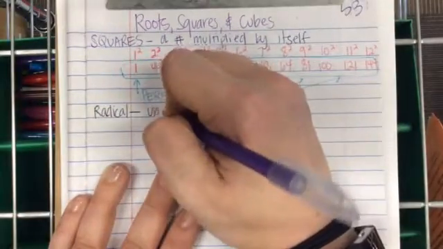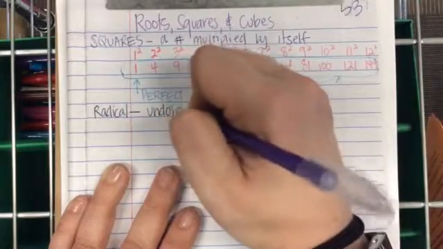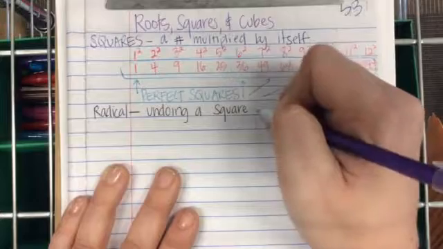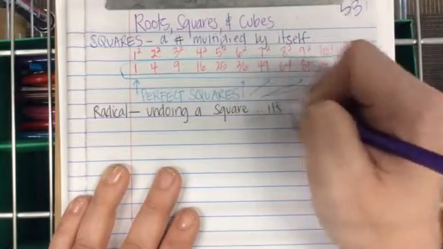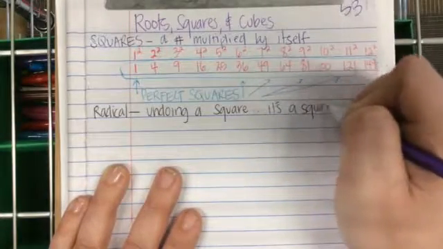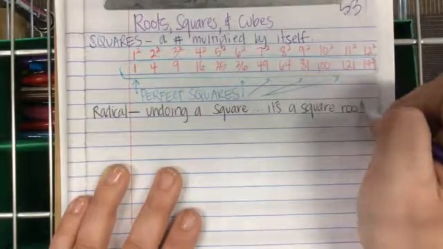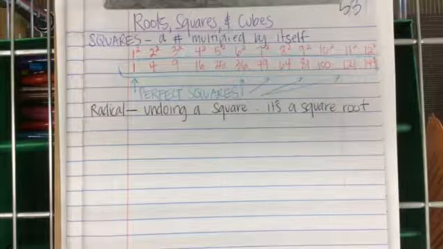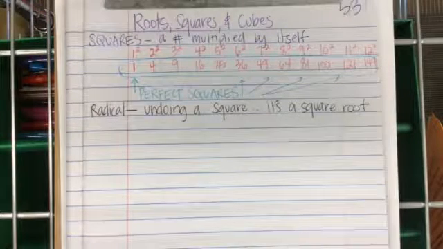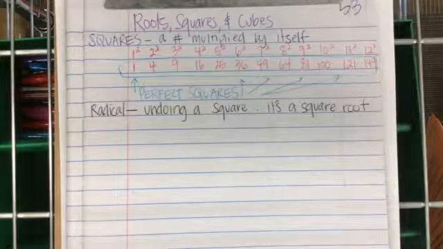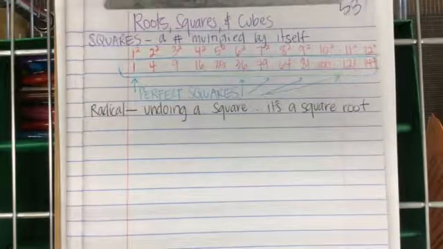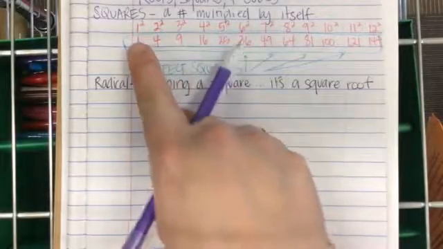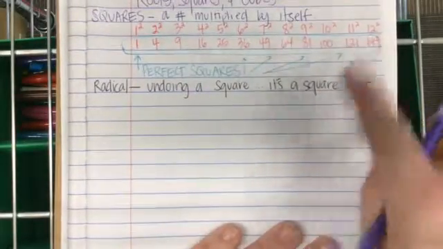And if you're undoing a square, one of these perfect squares, it's called a square root.